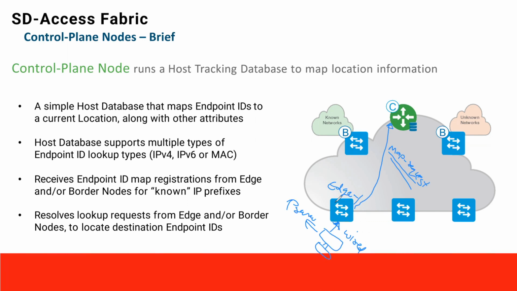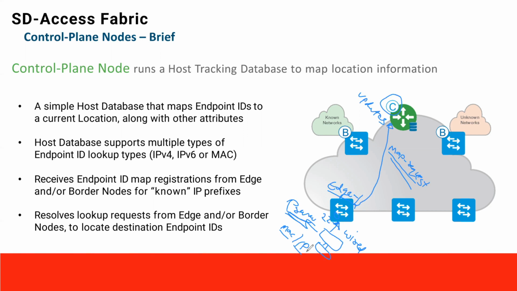In this, the edge node informs the control plane node that I have an endpoint with this MAC address or IP, and it is connected to me on this specific port link, for example port 22, the physical port. So what the control plane does is it updates its database that yes, on this specific edge 1, we have a new device with this specific MAC and IP address.